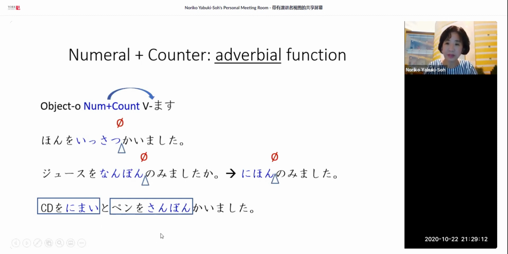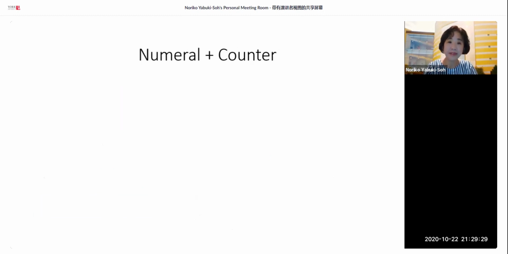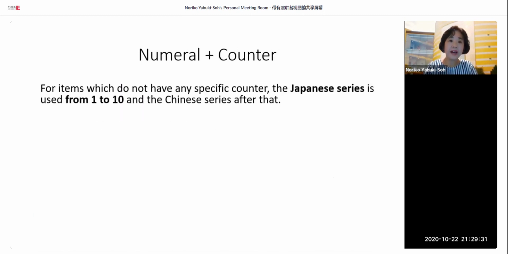And follow this word order, please. And between the whole set, the things that you bought, and the verb, there is no particle. CD を2枚とペンを3本買いました.